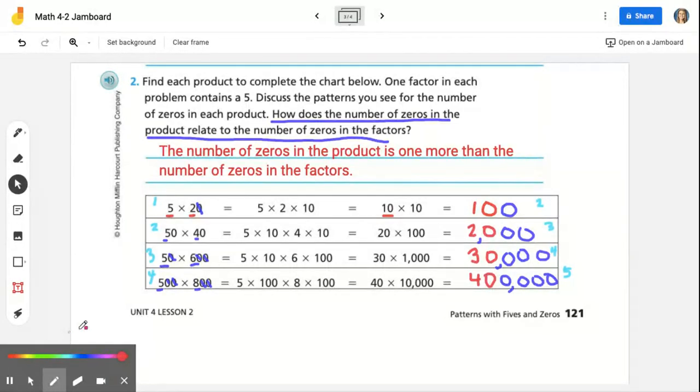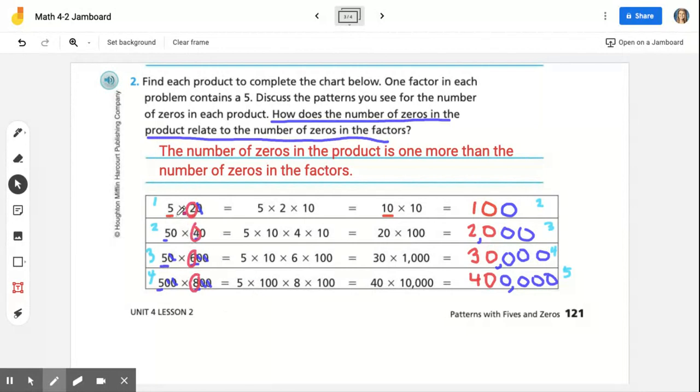And why is that? Well, again, we were multiplying the factor of 5 by certain numbers here, and ignoring the zeros, those math facts were 5 times 2, 5 times 4, 5 times 6, and 5 times 8. What do you notice about the numbers 2, 4, 6, and 8? They are all even numbers.